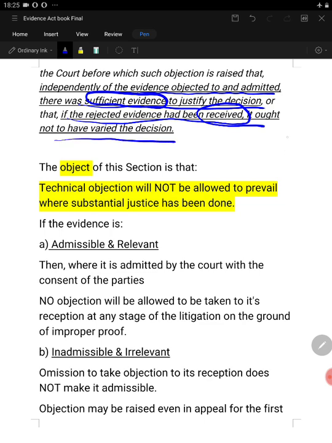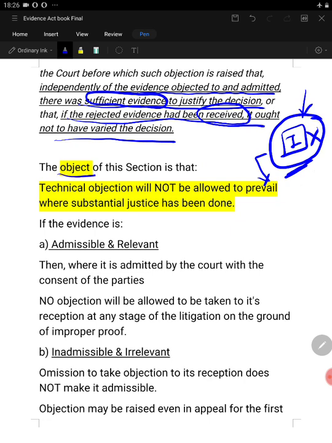So, just because some evidence has been improperly taken or rejected, but in spite of it the decision would have been the same, then this alone, that some evidence was improperly taken or rejected, will not be allowed to be a ground for a new trial.